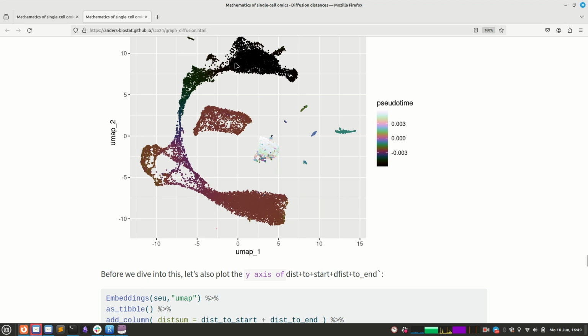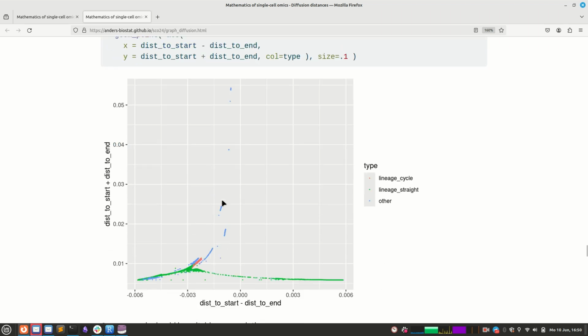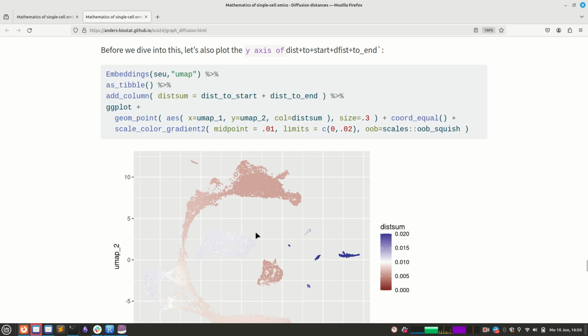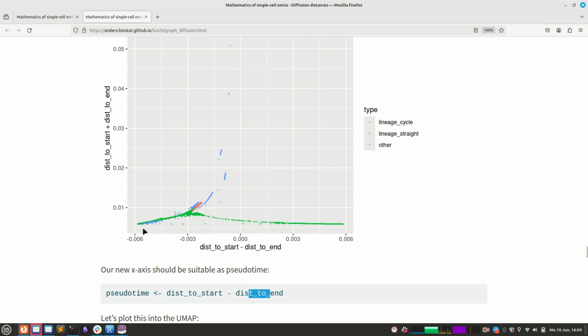And as you can see, the pseudotime smoothly increases from here all the way to here, and then it increases quite rapidly along this last part where a lot happens over a small distance. And these other ones, the blue ones here, of course also have a pseudotime. They have an x-axis here, but that is of course not very useful. And hence, I should also plot the y-axis, which tells us how useful this is.